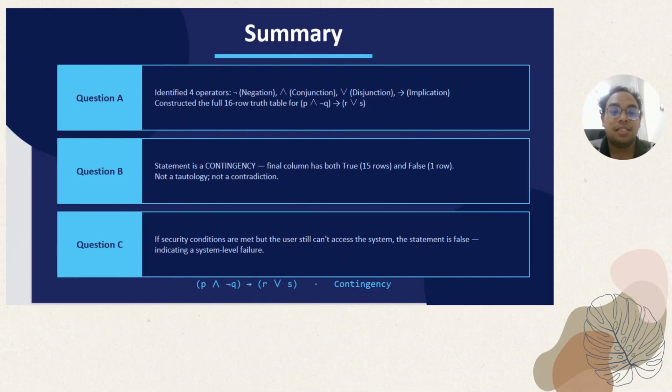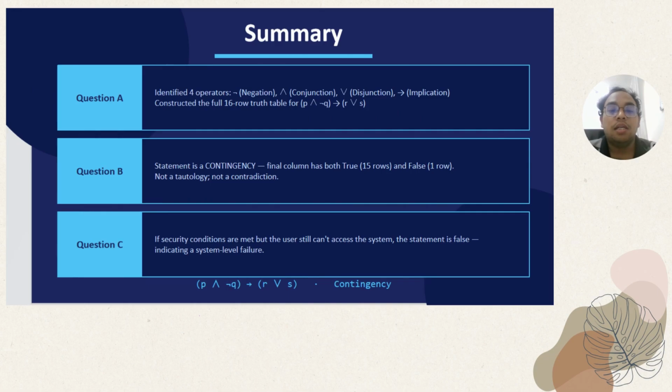Summarize the key findings from this presentation. For question A, we identify four logical operators in the statement: negation, conjunction, disjunction, and implication. We then construct the complete 16-row truth table following a systematic 5-step process. For question B, the statement is classified as a contingency since the final column contains both true values, 15 rows, and one false value.